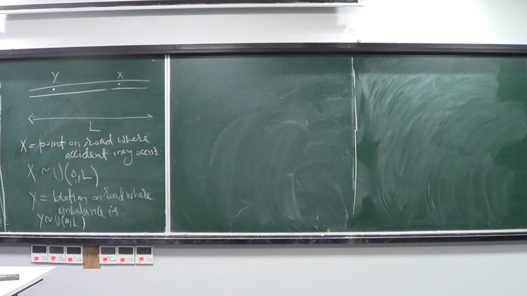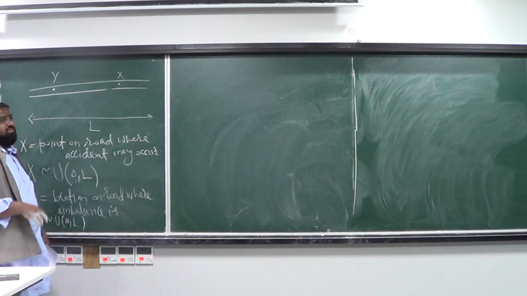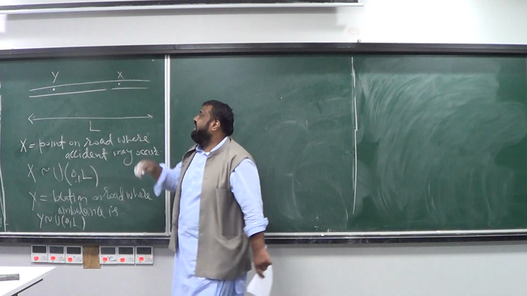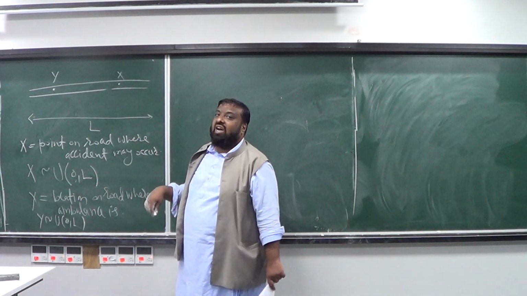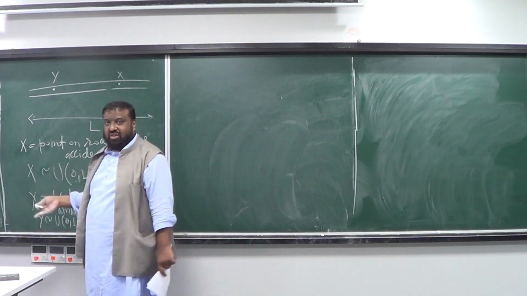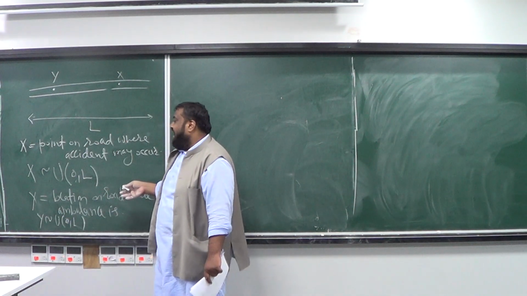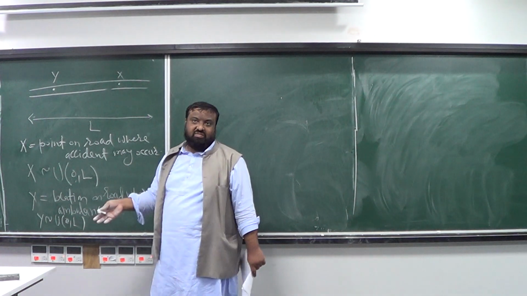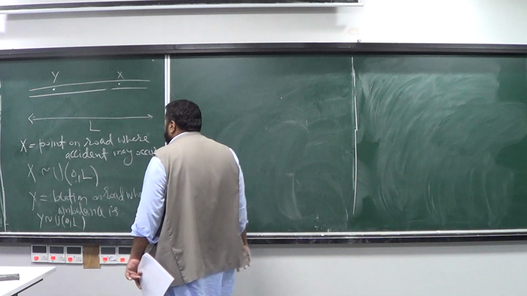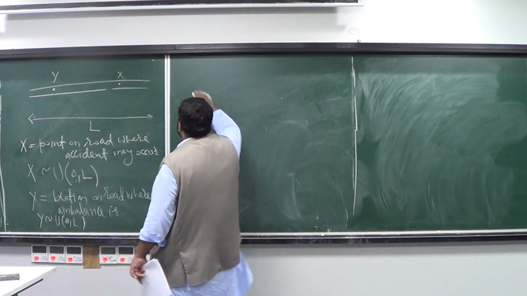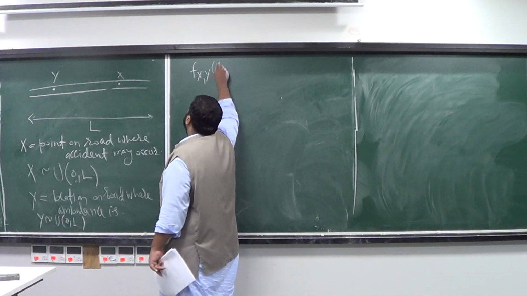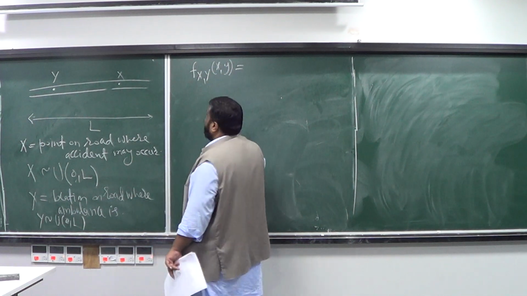Okay. Now let's assume, and we should assume, that X, the location where the accident has occurred, and Y, the location where the ambulance is, are independent of each other. If they are independent of each other, what would be their joint PDF? So f of x, y is going to be what?